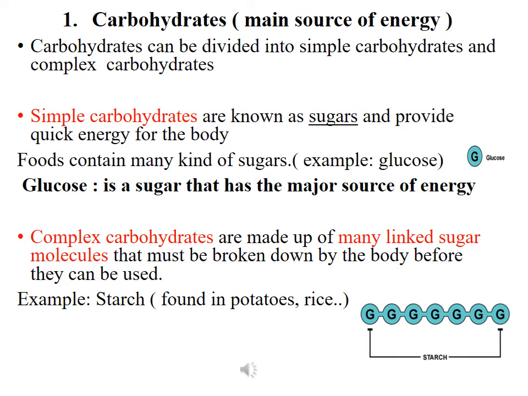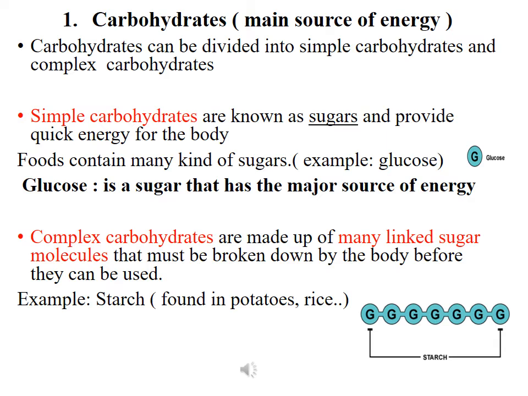Two groups of carbohydrates are simple carbohydrates and complex carbohydrates. From its name, simple carbohydrates are made up of free sugar molecules. These molecules provide quick energy for the body. They do not need any digestion because they are simple.